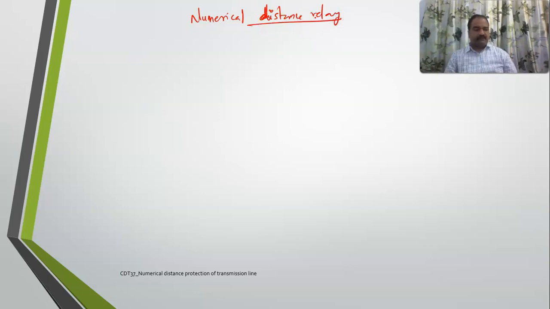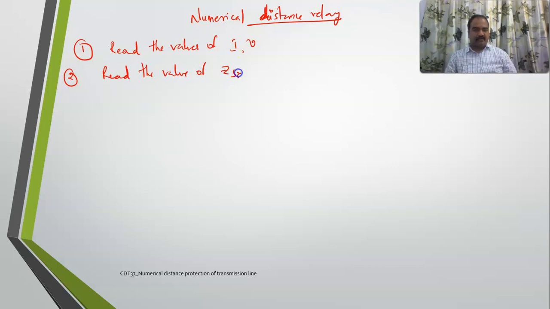I'll just give you the important steps. The first thing is, you read the values of the currents and also the voltage, and you read the setting value of your relay. You should get these things before you start the operation.